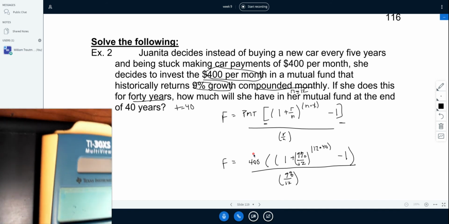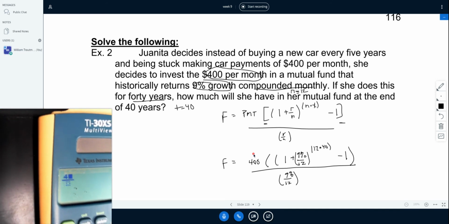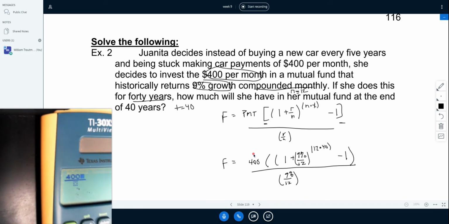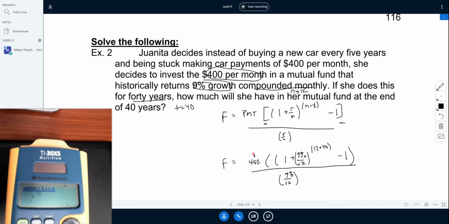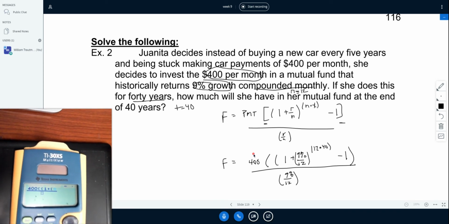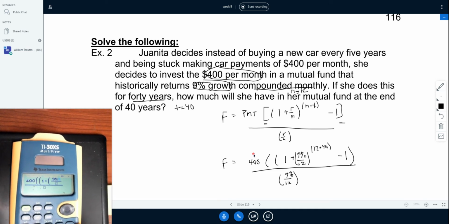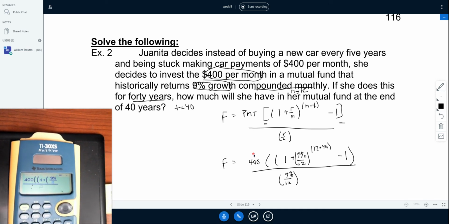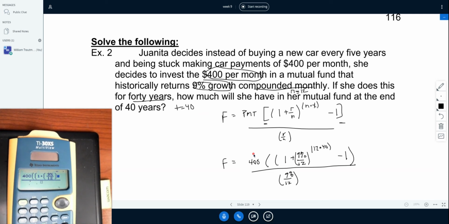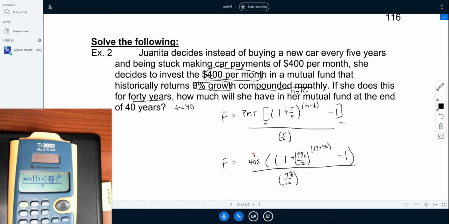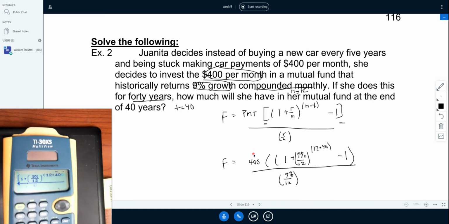This time, hopefully, $400 payments, 1 plus parentheses, fraction 9% divided by 12, raised to a power, 12 times 40.